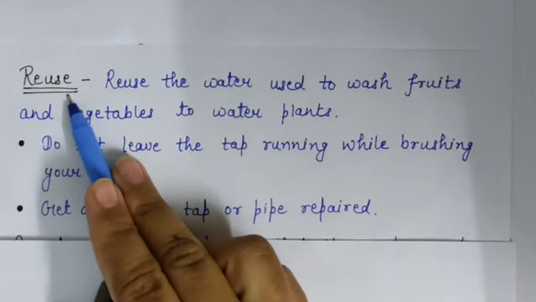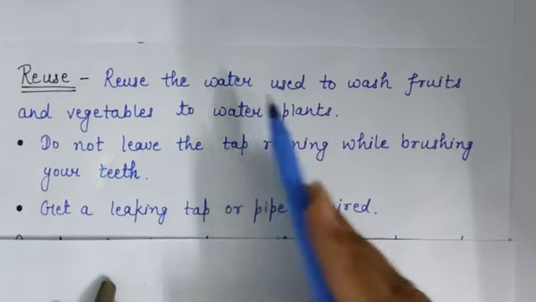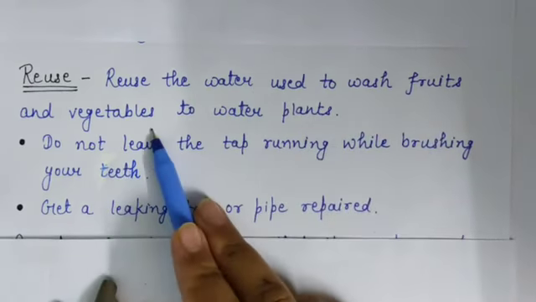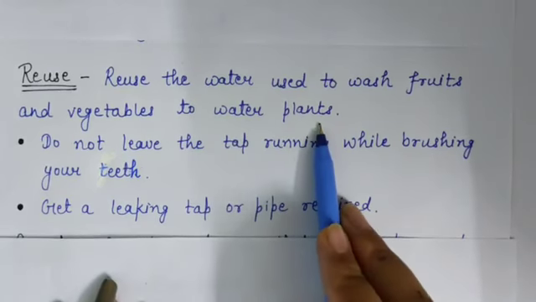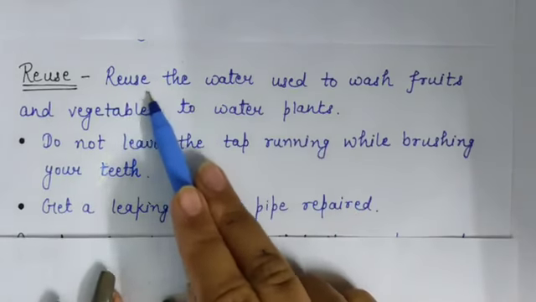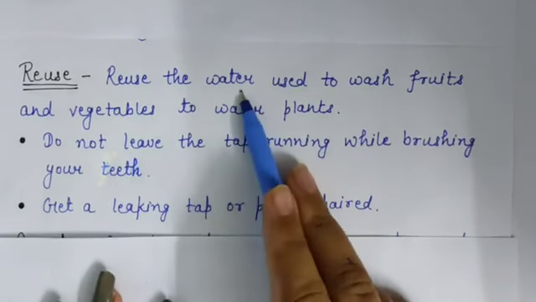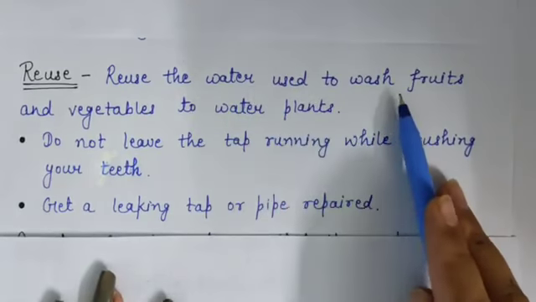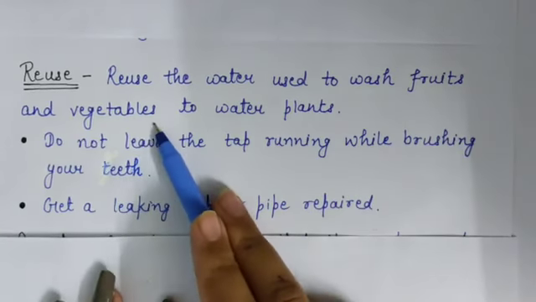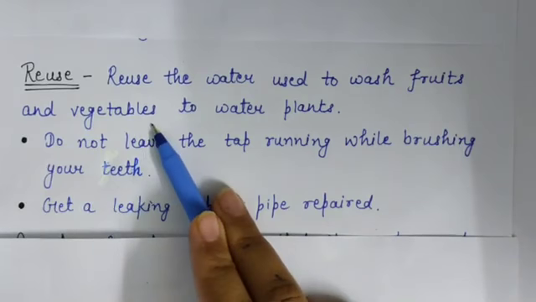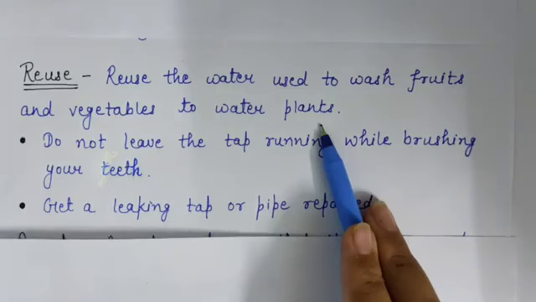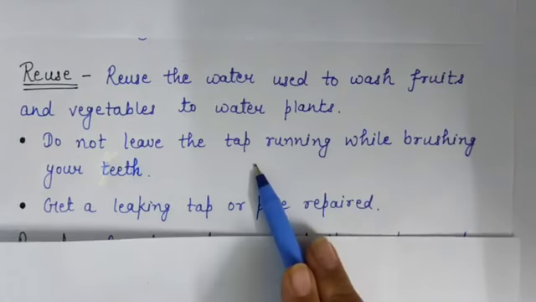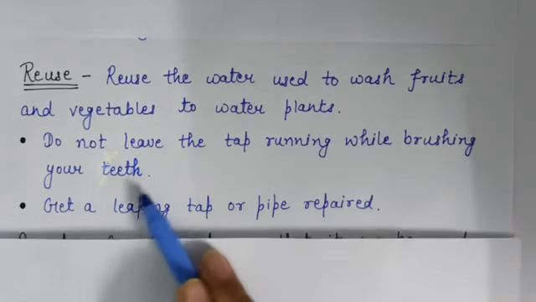Next is reuse. Means reuse the water used to wash fruits and vegetables to water plants. It means that we should reuse the water. Okay, means the water which is used for washing fruits and vegetables can be used again in plants. Means we can give that water to the plants. Okay. And do not leave the tap running while brushing your teeth.